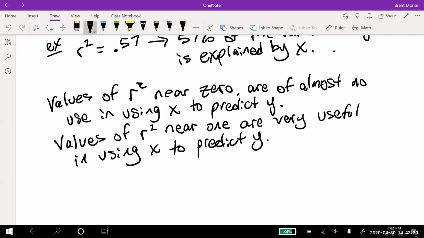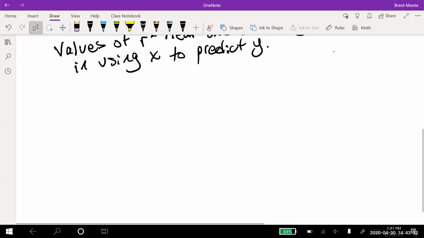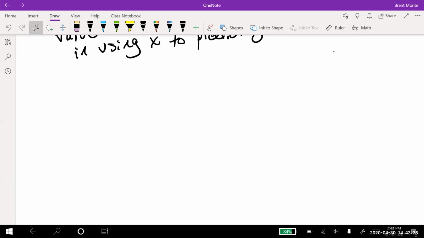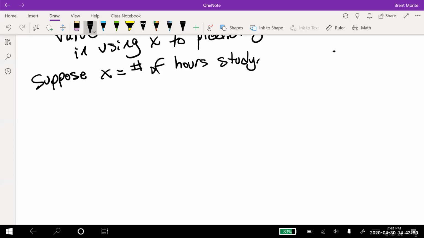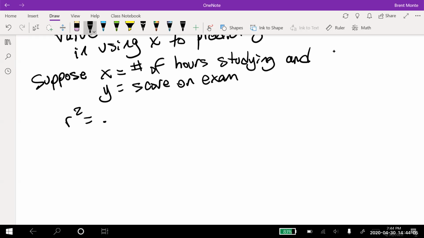So kind of to bring it back to what we had done before. But let me give an example. Suppose x equals number of hours studying and y equals score on exam. So say we're doing something like this, and suppose we got r squared is 0.68.